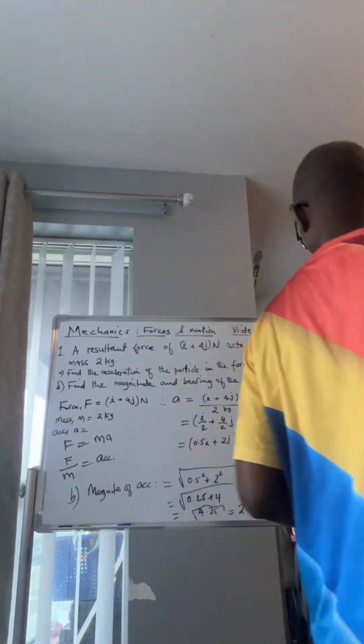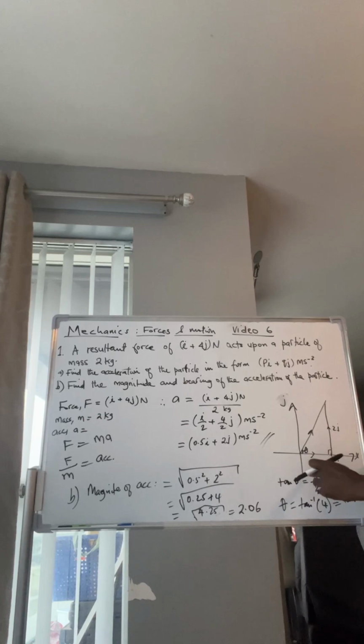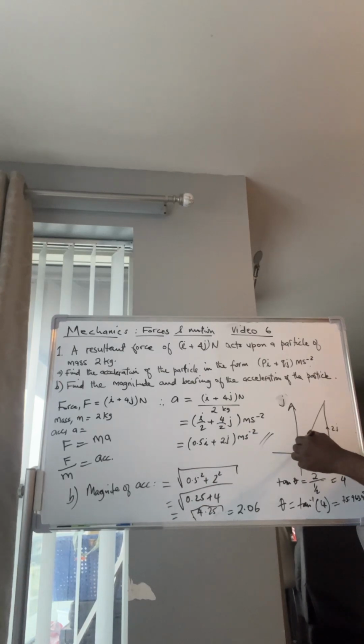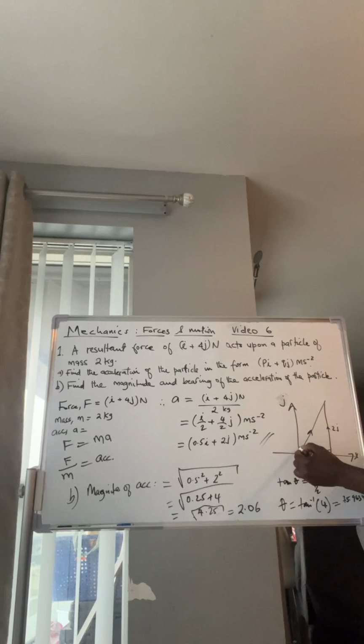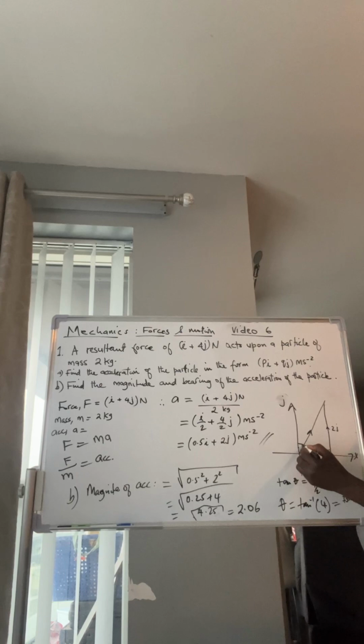This is north, east, south, west. So we want to find the bearing of this acceleration vector. We are looking at this angle from here to here. This is what we need.